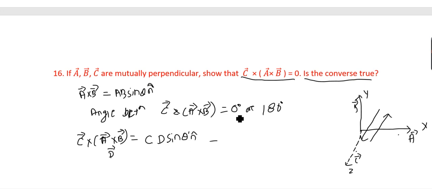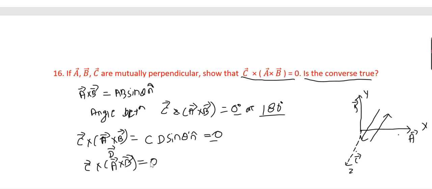As this angle is either 0 or 180, and the sine of 0 and 180 is 0, this becomes 0. So we prove that if A, B, C are mutually perpendicular to each other, then the result is 0.